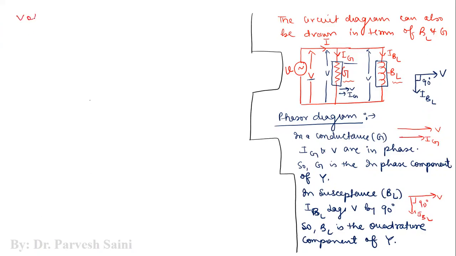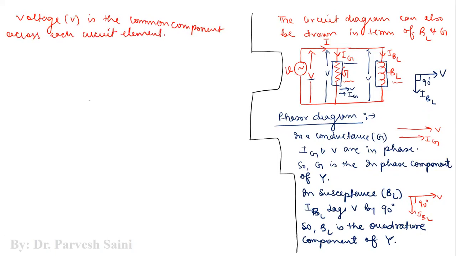So voltage V is the common component across each circuit element. So hence voltage V is taken as the reference phasor.